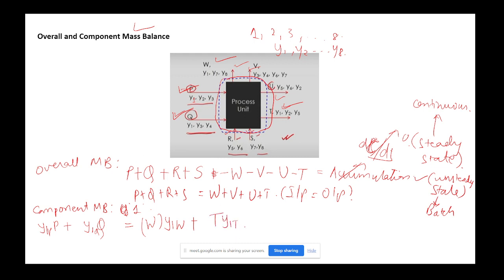Now similarly, if I want to write it for, say, the fourth component.